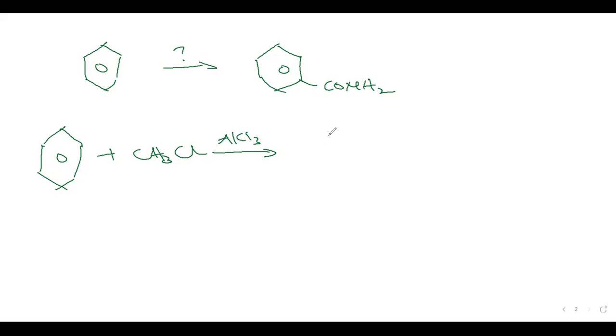Now we'll get this. That is the first step. There are other side products, but we are not interested in that, so we just focus on this one. Then we use KMnO4. Usually KMnO4 in acidic medium has very high oxidation strength, so sometimes we use alkaline medium to reduce the strength a little bit. Good. So from here we'll have our benzoic acid.